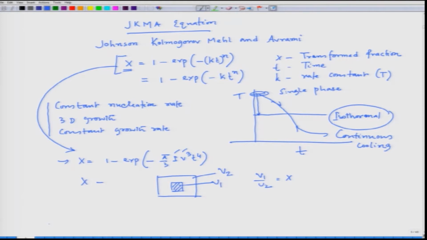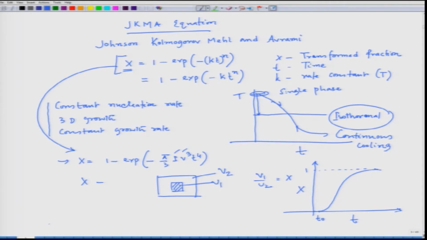At a particular temperature we can calculate I and v, and if we put that in that expression, we get a graph like this, where x is plotted versus time. In this plot, this is 1, it is approaching 1, it can never reach completely 1, but it starts transforming after some time delay. That is called t0, which is nothing but the incubation time.